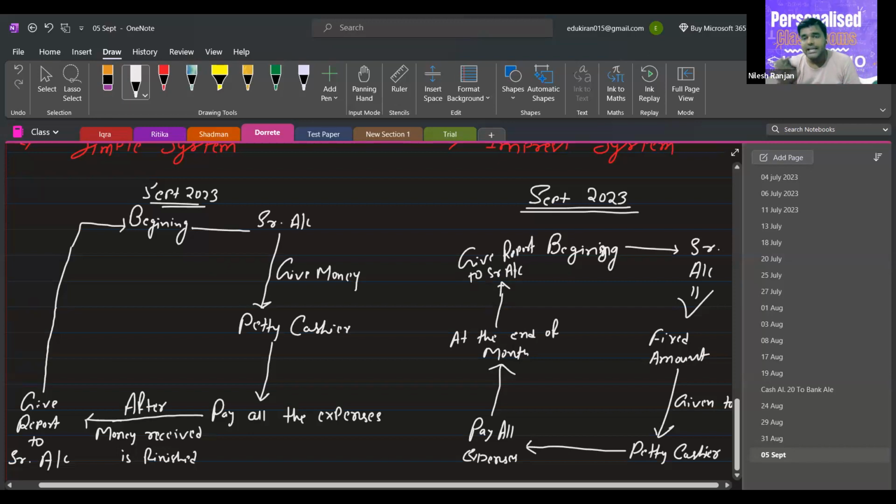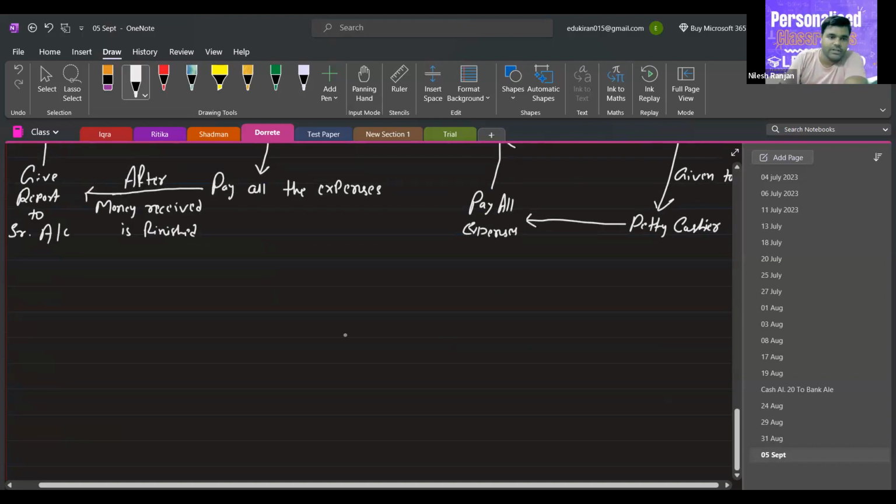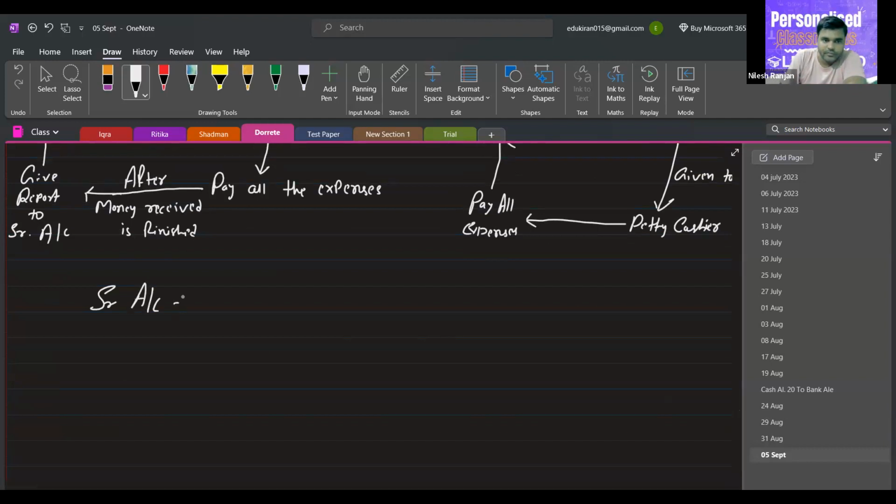I'm saying that he has some money left, but the month has ended. So at the end of the month, he will again go to the senior accountant and give his report, and the senior accountant will see how much amount was spent by the petty cashier. Let's say, in both of these situations, I'm taking an example, the senior accountant has given 5,000 to the petty cashier.